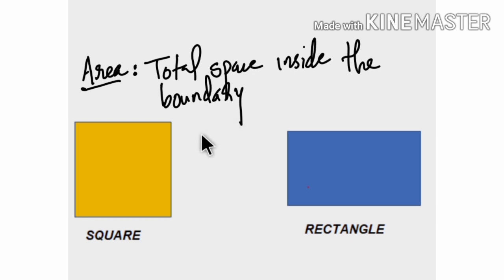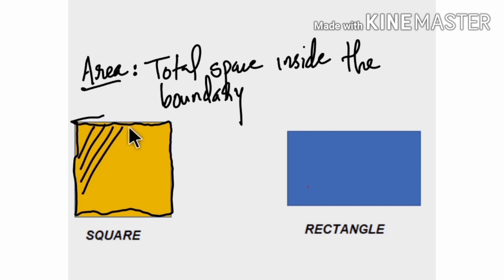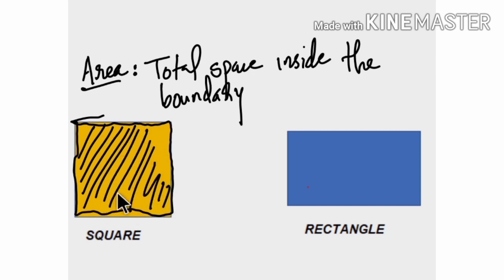As you all know that this is boundary, so the space inside this boundary is called the area of this square.